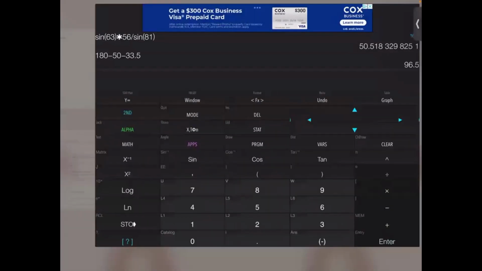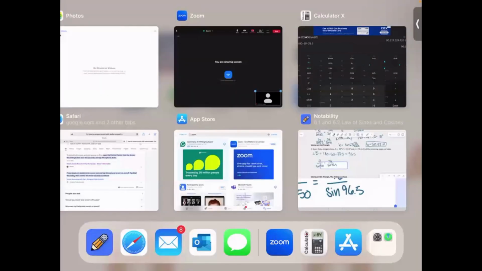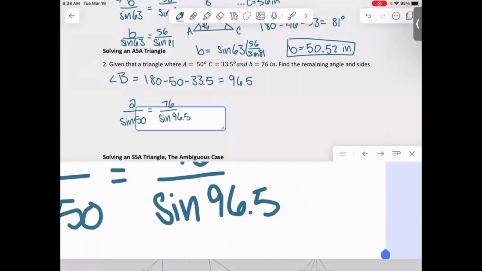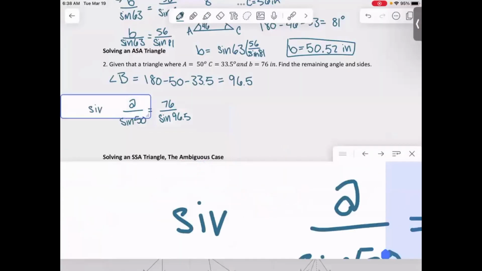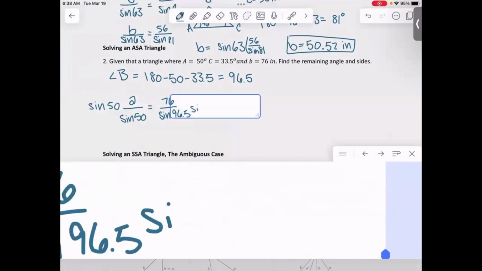So let's solve this. I need to multiply the sine of 50 to both sides. Once again, these are all in degrees, so keep your calculator in degrees. I think this entire lesson is in degrees, so you don't have to worry about changing it.